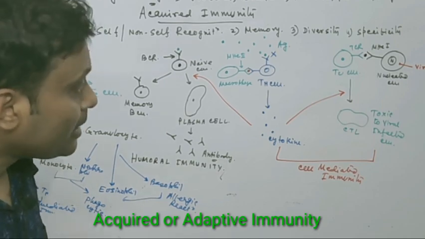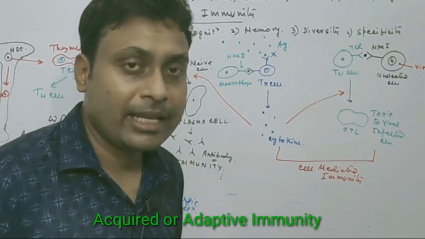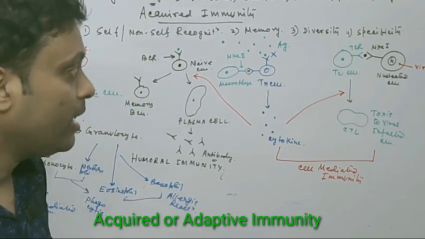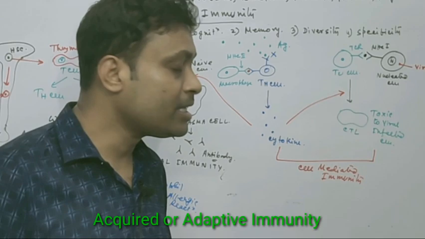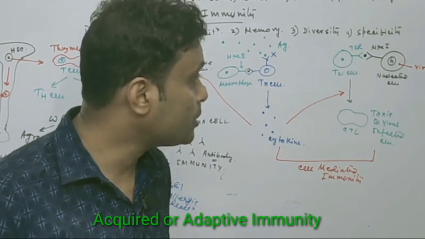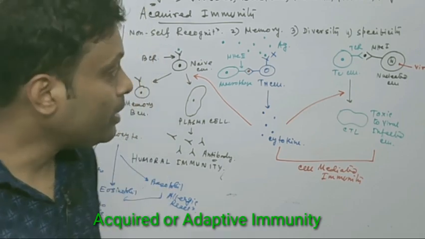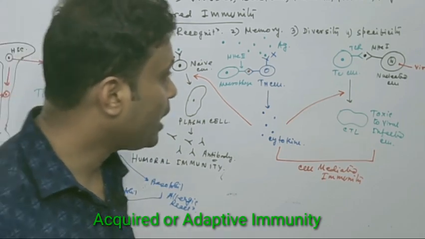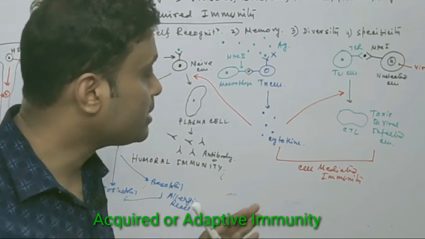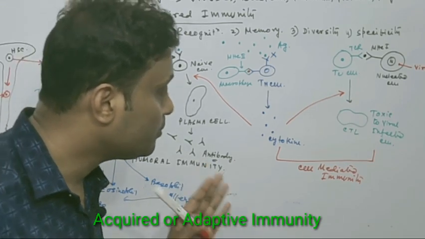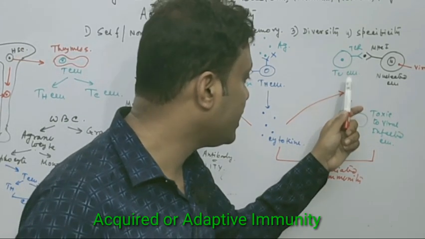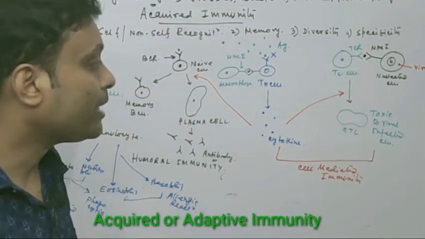Okay, and another type of cell is called the TC cell, and this TC cell usually acts against the virus-infected cell. This virus-infected cell processes its antigen through another type of protein called MHC class 1, and when the antigen is presented through the MHC class 1 protein, the T cell receptor binds with this MHC class 1 along with its antigen, and this TC cell then differentiates into the cytotoxic T lymphocyte.